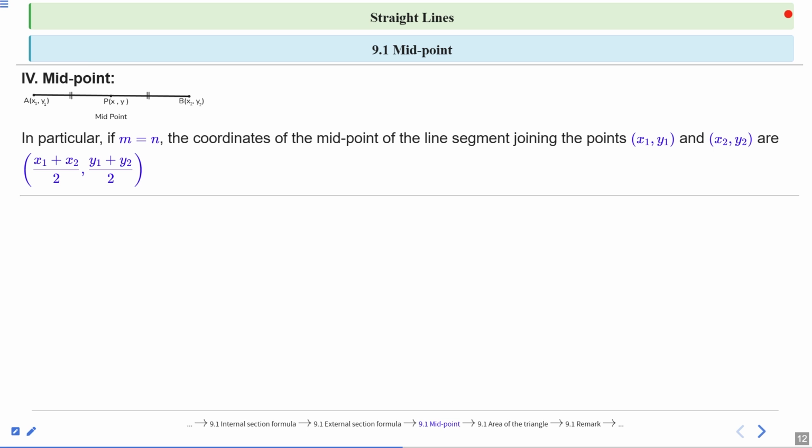So if the point P x comma y divides the line segment joining A x1 comma y1 and B x2 comma y2 internally in the ratio 1:1, then P is called the midpoint of the line segment. This is the formula for the midpoint.